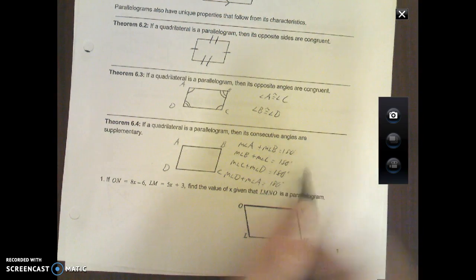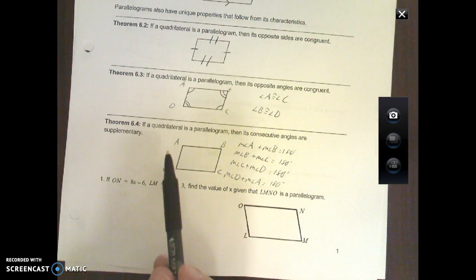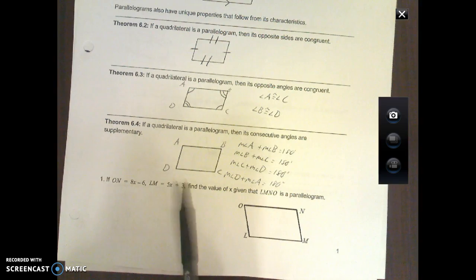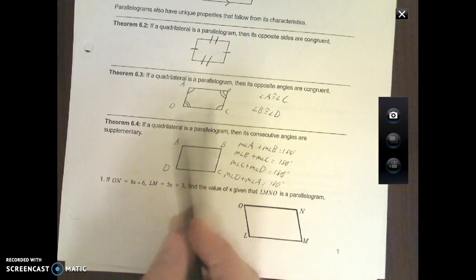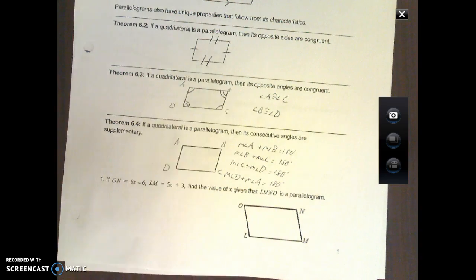So any angles directly next to each other add to 180, and angles across from one another are congruent. That's the gist of all of this for parallelograms. Those are your big ideas. Get those under your belts, and this is going to be a very easy chapter or section.